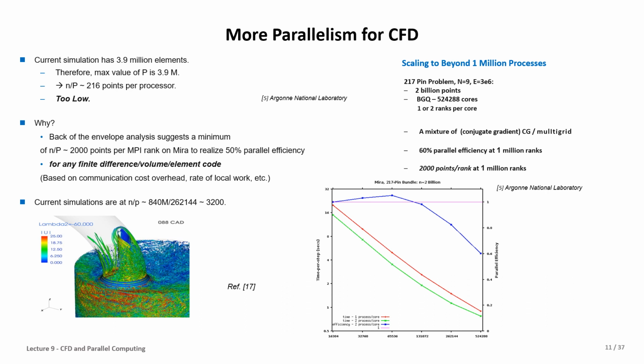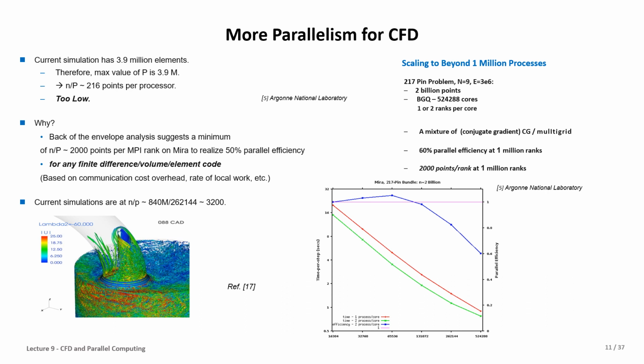Here is an example to see how the scaling could work with parallelism. The simulation has 3.9 million elements, as we said. The max value of P is 3.9 million. If we use N over P, we will have 216 points per processor. This is the base of the number of processors on the Mira supercomputer. Why is this number, 216, too low?